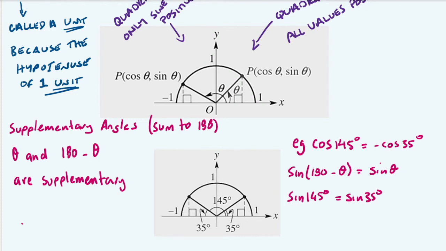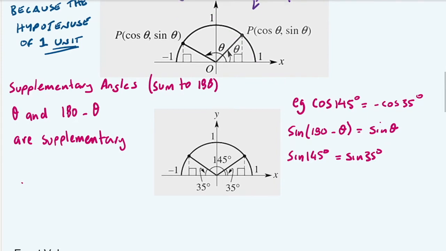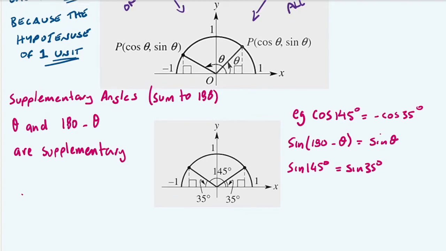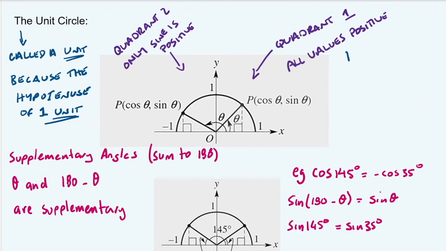Now, a couple of little extra bits to be remembering. For acute angles, which is what I was saying before, these guys are going to be acute angles, 0 is less than theta, which is less than 90, which is one of the ways we write it. All of those values are going to be positive.